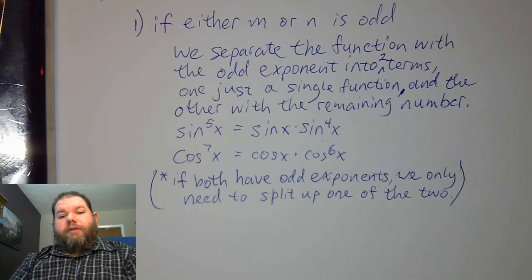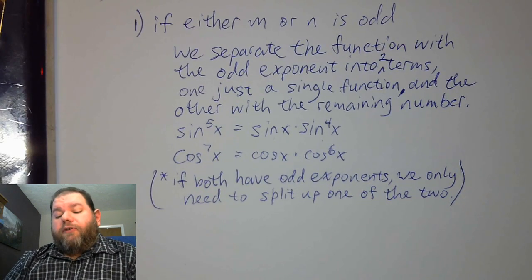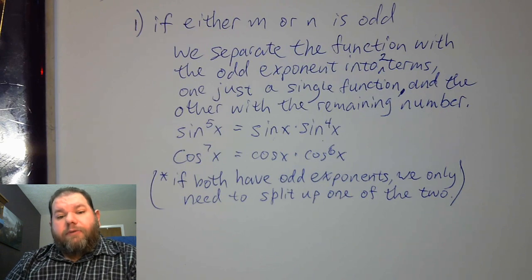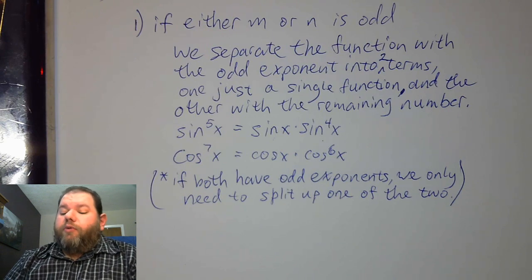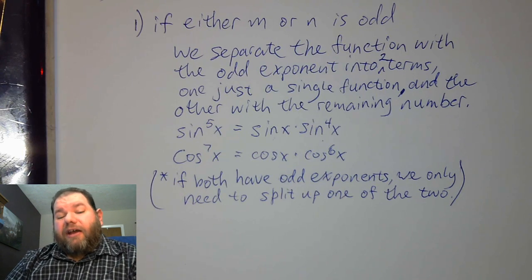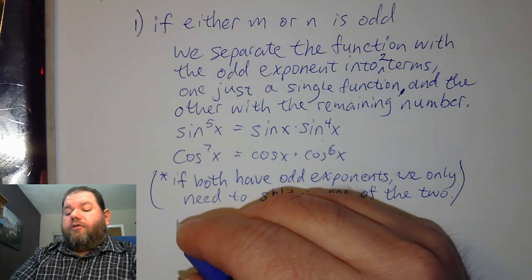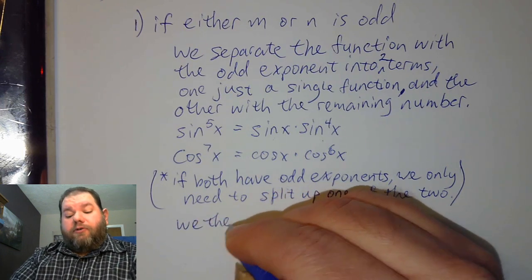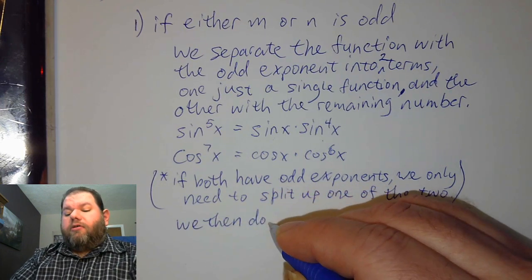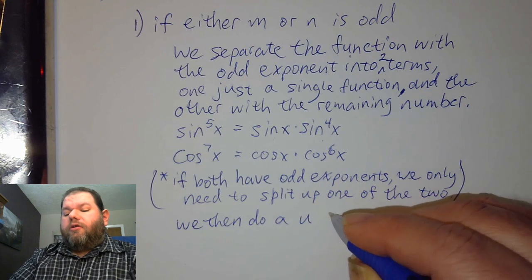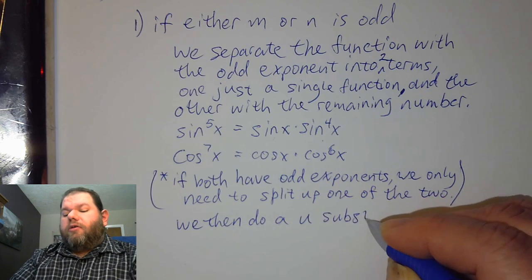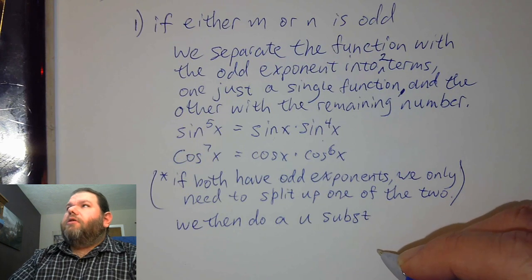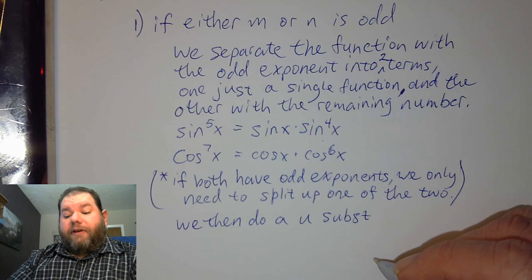The way that we proceed from here is that once we split up one of the trig functions into these 2 pieces, we then substitute for the term that we did not split up. Sorry, I'm missing a step.